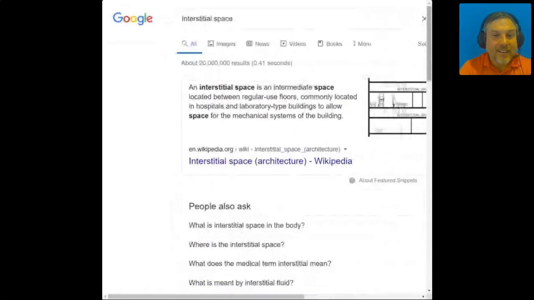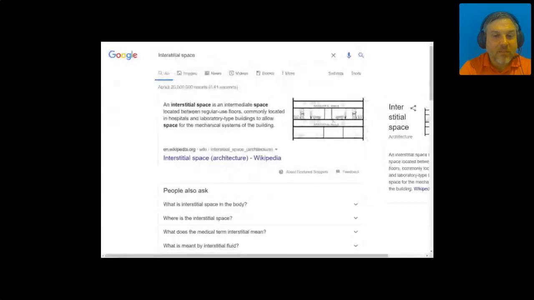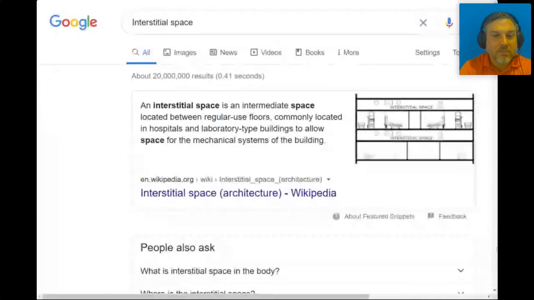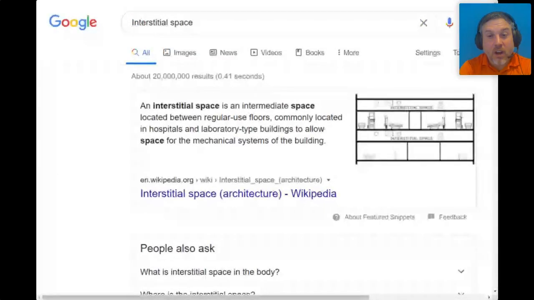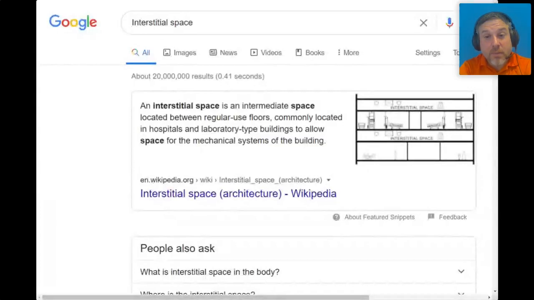When I look at this, it almost looks like a ceiling space. I guess in a hospital, that space can be quite large, and there could be people walking up in there. So if it's a service space mezzanine, is it considered a mezzanine?